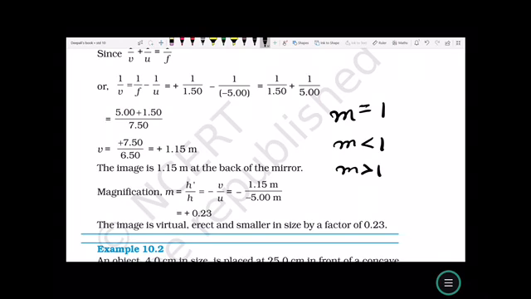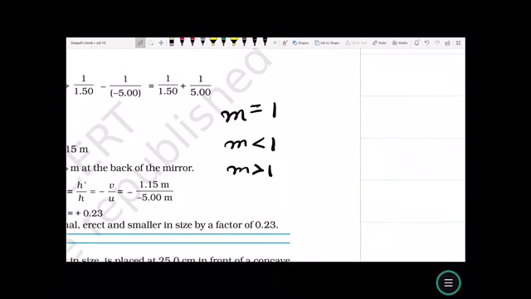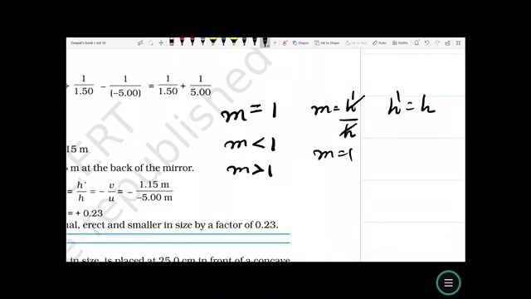magnification, that is M. M can be equal to 1, M can be less than 1, M can be greater than 1. What does this mean? Now, when is M 1? M can be 1 when H prime upon H, H prime is equal to H, then M is equal to 1.